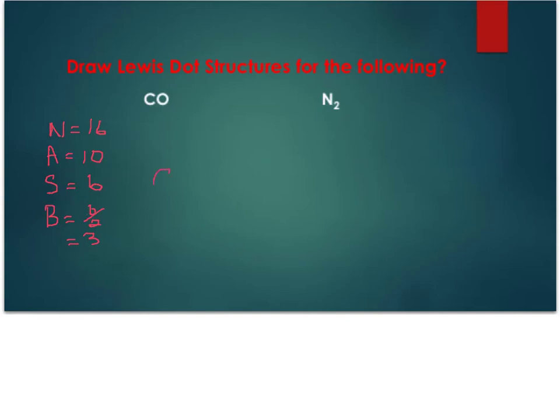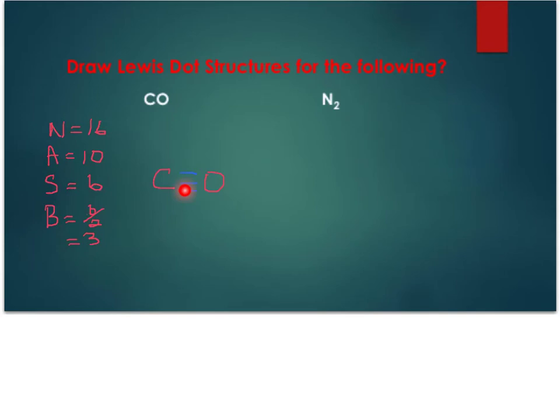So either we do carbon, oxygen, and we just determined we need 3 bonds. 1, 2, 3 bonds between these two. Now, we looked at our electrons. Count your electrons now. 2, 4, 6. Our carbon still needs 2 more electrons.